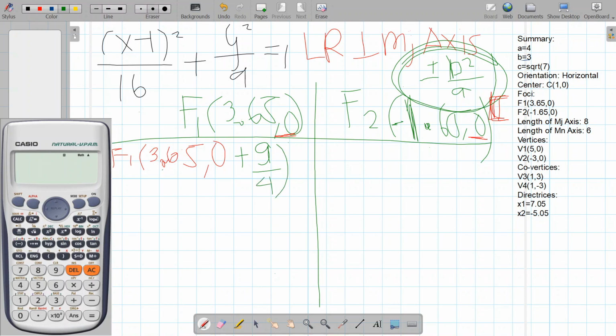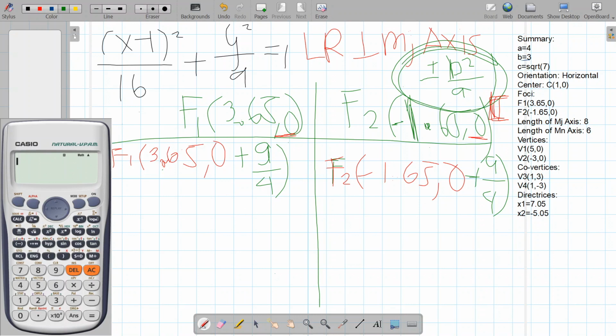That is our F1. Now for F2, we have (-1.65, 0) plus 9 over 4. So that is the plus part.